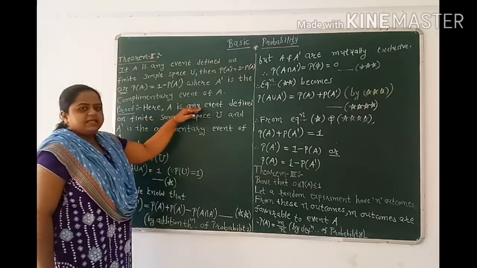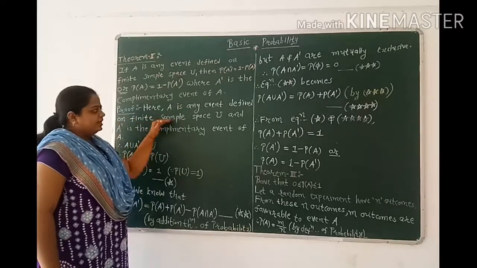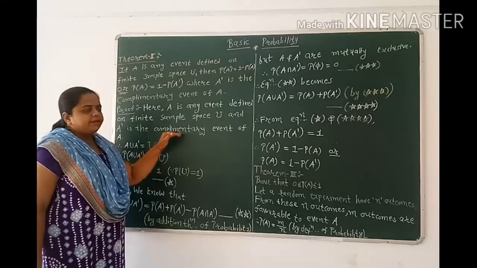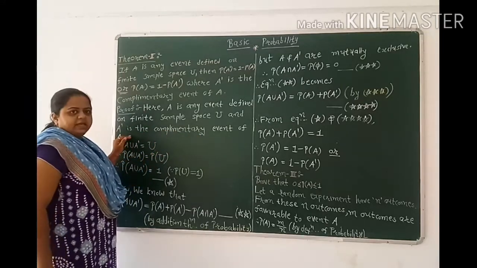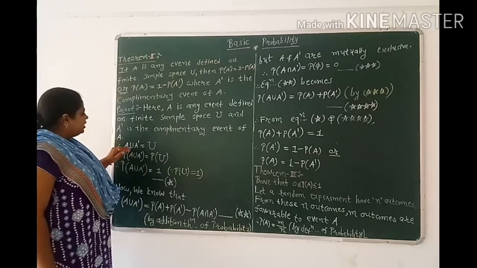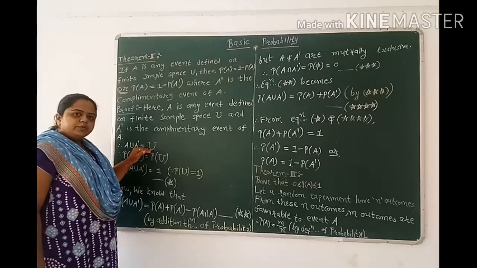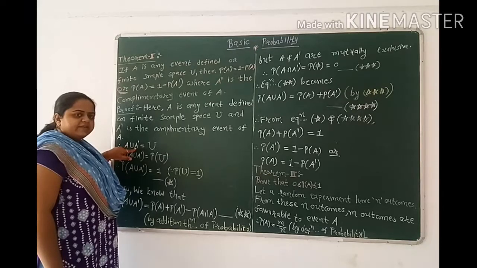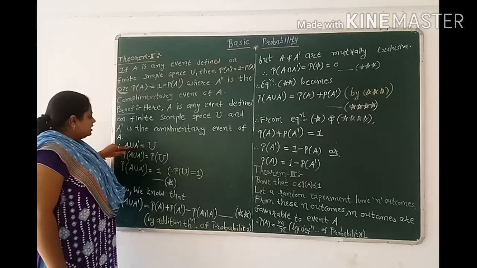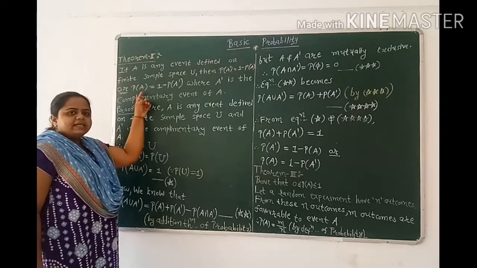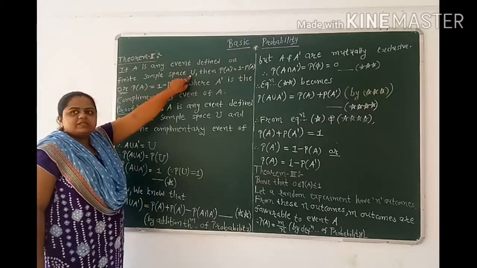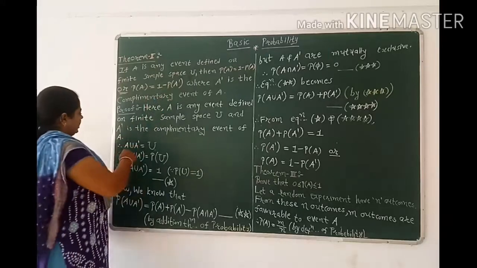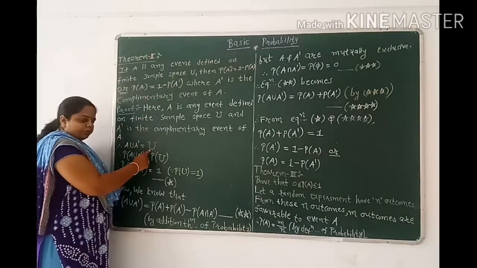Here A is any event defined on finite sample space U and A dash is the complementary event of A. As we know, A union A dash equals U, because the complement of A is an event consisting of all points in sample space U but not in A. So A union A dash equals U.